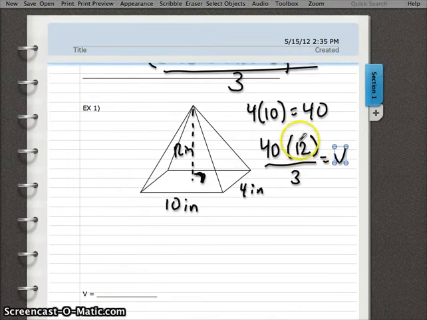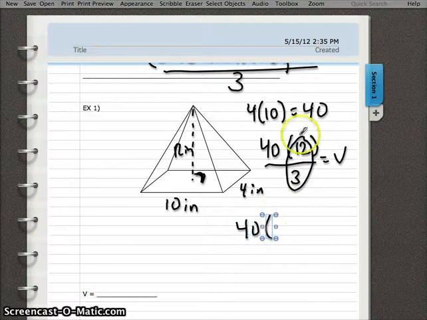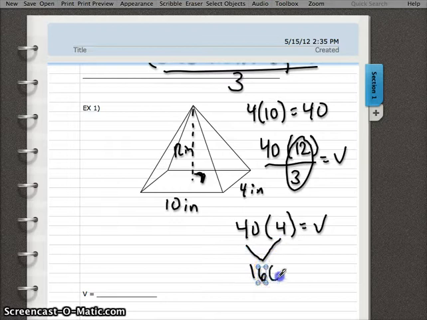We can always simplify first. If you do one of these and simplify first, it makes our multiplication a little bit easier. If I do 12 divided by 3, then all I have to do is multiply 40 times that result, which would be 4. So 40 times 4 is a bit easier. And again, we could simplify this by just multiplying 4 times 4 and putting a 0 on the end. So 4 times 4 is 16.